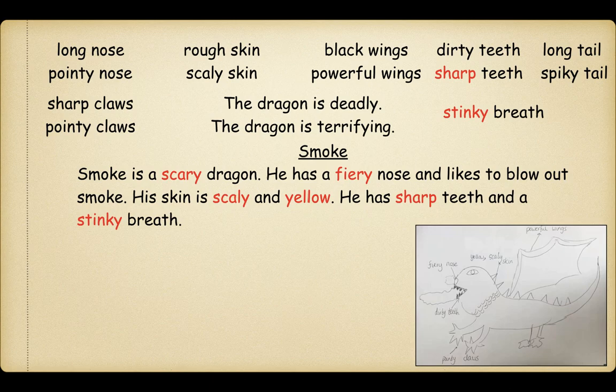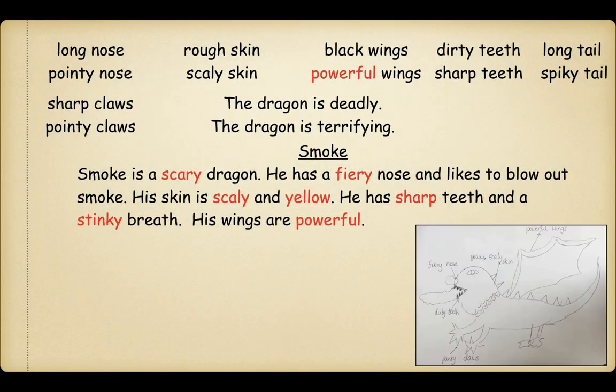So let's write another sentence. You will have to look very carefully so that you can see. Right, I have a new sentence now. His wings are powerful. So if you look above, you can see I've highlighted in red the word powerful, and it's an adjective to describe the wings.